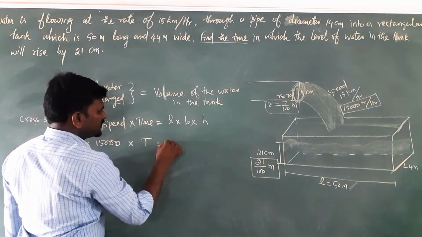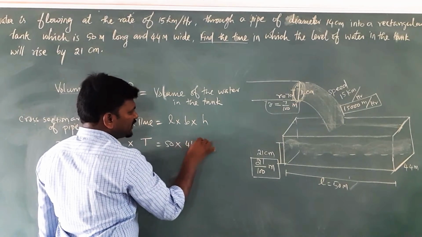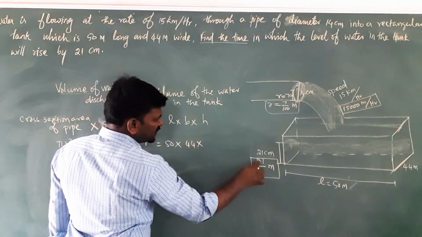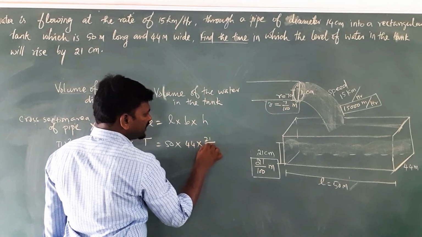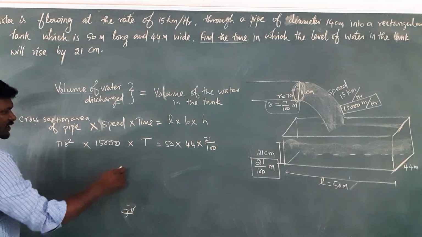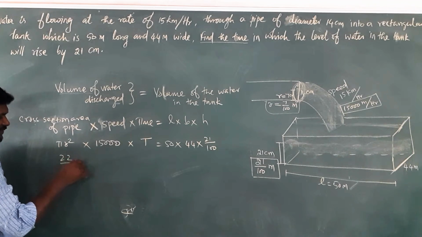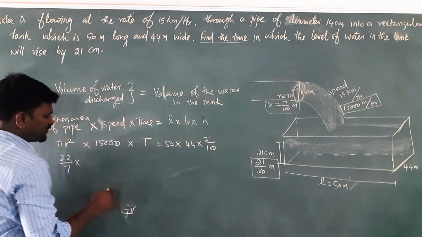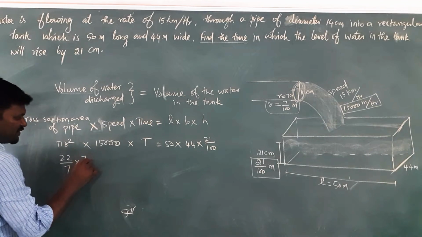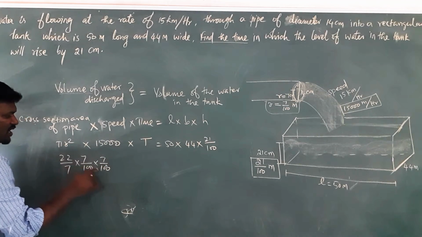Length of the tank 50, breadth of the tank 44, height of the tank 21 by 100, all the units are in meter. Now we have to find the time, so pi value 22 by 7 into r is equal to 7 by 100, so 7 by 100 into 7 by 100 because of r square.